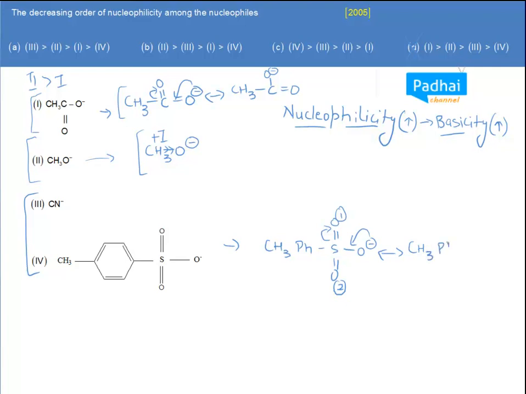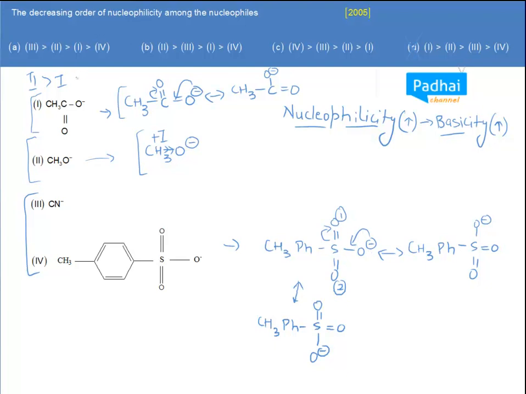One is CH3 PhS, O minus, double bond O. This is one resonating structure, and the other will be CH3 PhS double bond O, and the second resonating, this will be the third. So it has 3 resonating structures, while the first nucleophile had only 2. So the first will be more nucleophilic as compared to the fourth, because in the fourth this negative charge is even more delocalized, having more resonating structures.